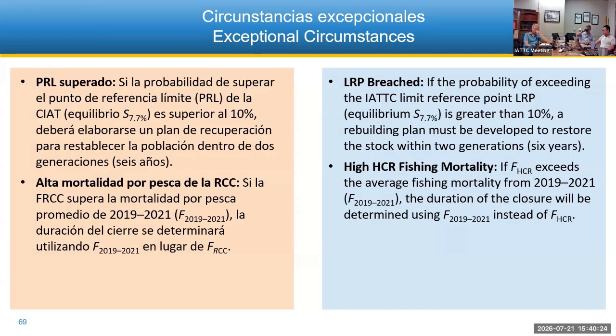An exceptional circumstance is something that's not included in the management procedure but is something that might invalidate the management procedure in some ways. So you would have to take additional action or evaluations to determine whether the management is still appropriate.